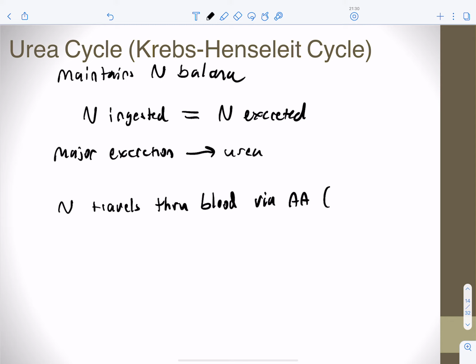But in theory, it can be any amino acid. And then 80% of nitrogen waste is excreted by the liver urea cycle.